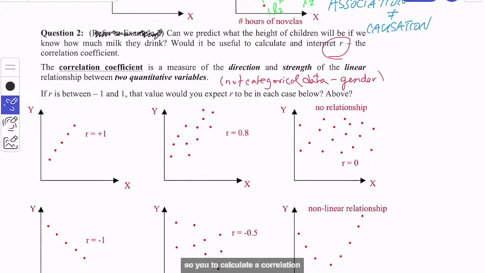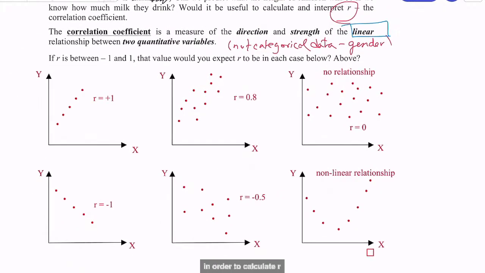So to calculate a correlation coefficient, the variables that you're using have to be quantitative. In finance, that's easy. Lots of quantitative variables. And it'll tell you the direction and the strength of the relationship, as long as it's linear. If it's not a linear relationship, you can't use R. You have to use something else, or transform the data in order to calculate R.